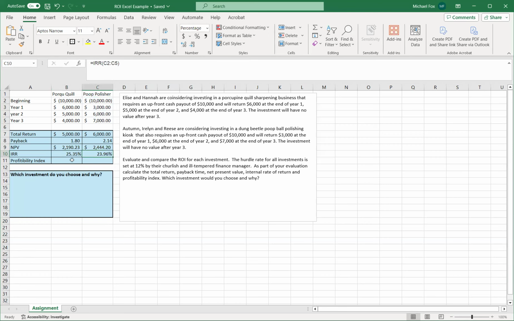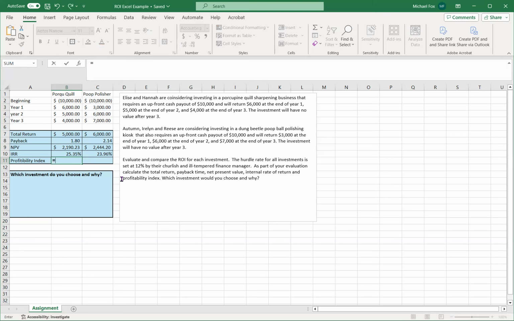All right, finally, our profitability index. All the profitability index is our present value of our future cash flows divided by our initial investment.